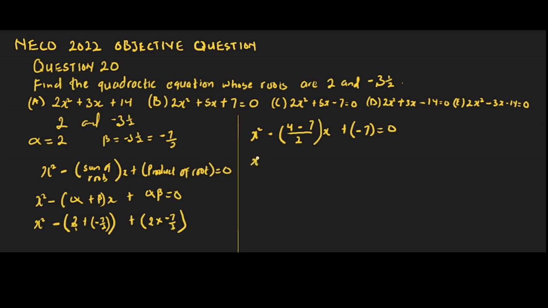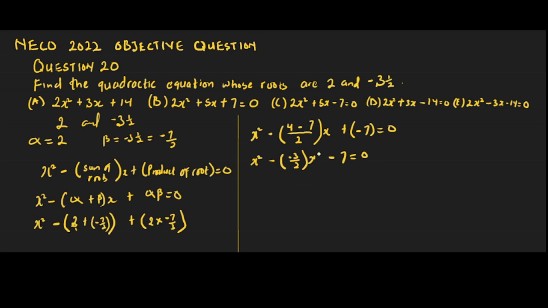Here we are going to have x squared minus (4 minus 7 gives minus 3) over 2 x, plus times minus gives minus 7 equals 0.